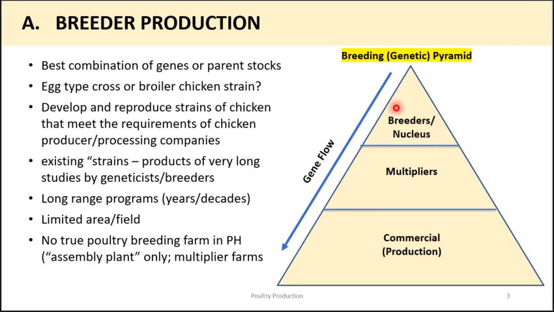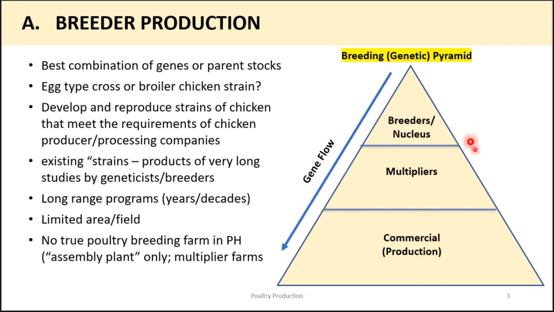They are the elite animals, purebred, very pure. And then we have the multiplier farms. And then we have the commercial farms. So there are only a few breeder farms, followed by multipliers, and then there are many commercial farms.